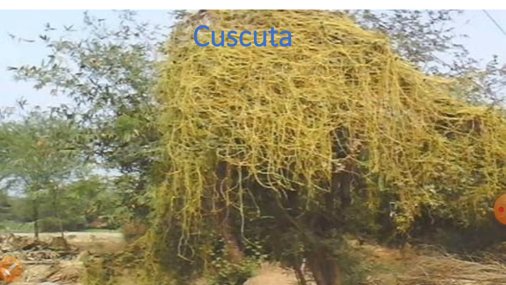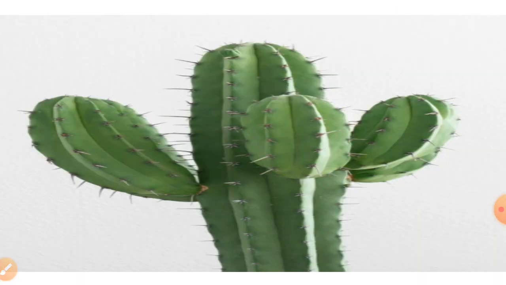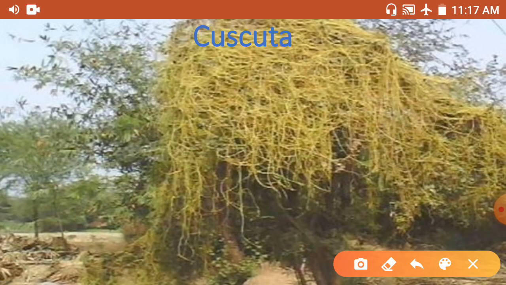Now, many plants do not contain chlorophyll, which means they do not make food by themselves. For example, cuscuta. You can see some plants live on other plants for their nutrition, like in this picture.